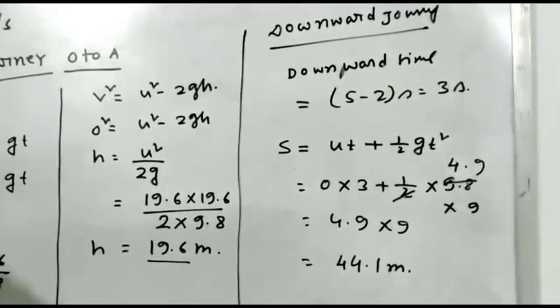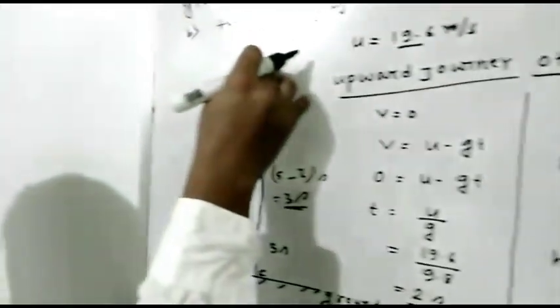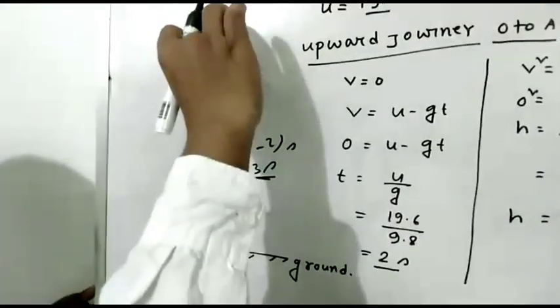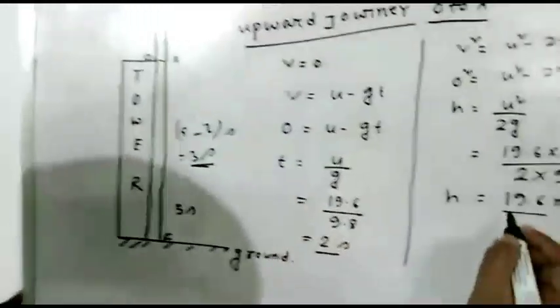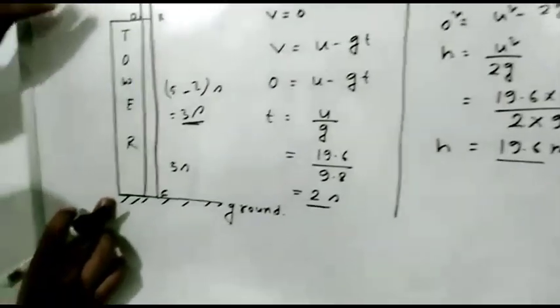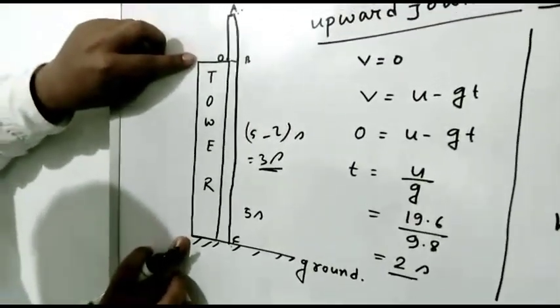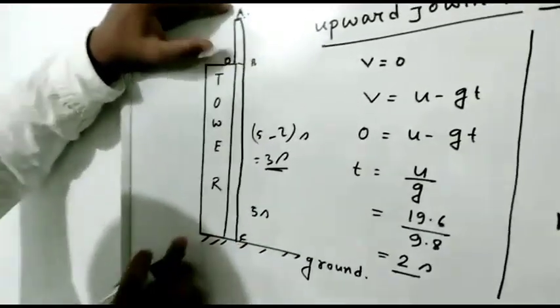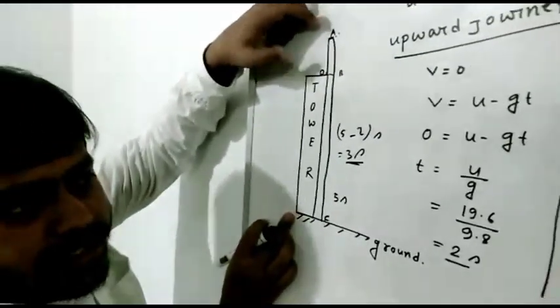So 44.1 meter is the distance from A to C, and we have already found this value to be 19.6. Now our target is to find the height of the tower. If you subtract this part from this part, we get the height of the tower.